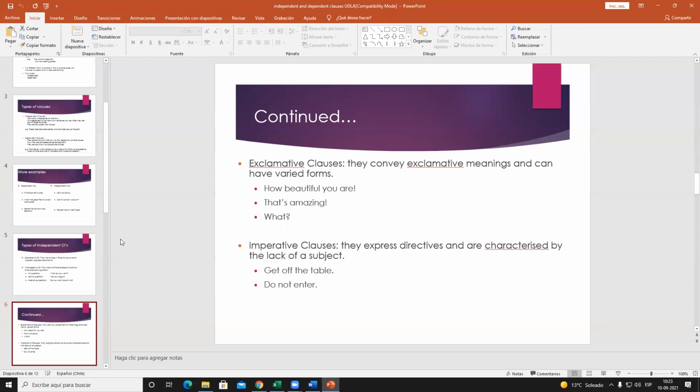Those are strong request orders to the receiver of the information. The interesting thing about imperatives is the fact that they don't have a subject, and perhaps it is the only possibility for an English clause to not have a subject.